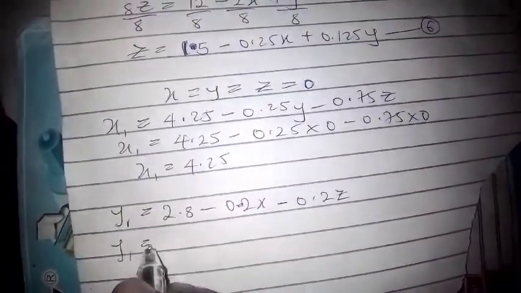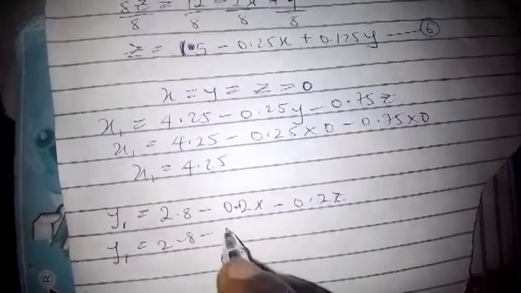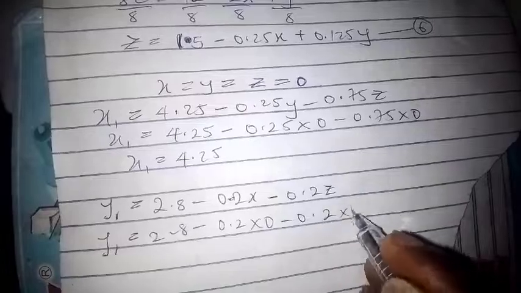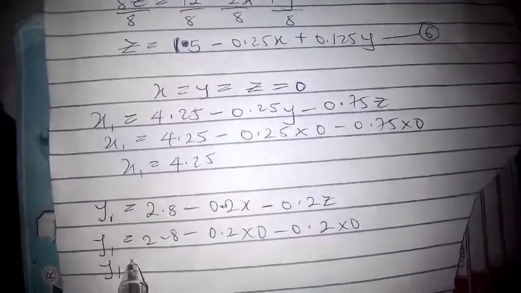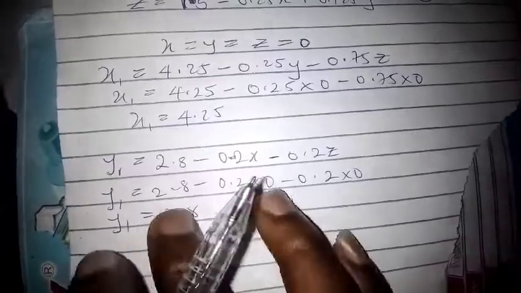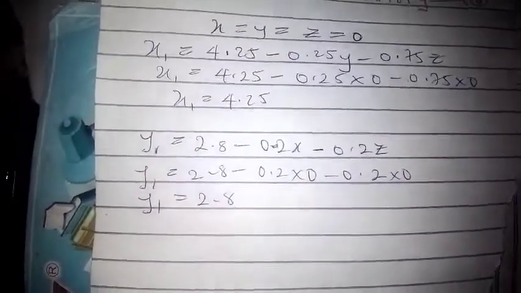So let's get y1. y1 is equal to 2.8 minus 0.2x minus 0.2z. Now let's substitute the initial values: 2.8 minus 0.2 times 0 minus 0.2 times 0. Now y1 will be equal to 2.8. Now let's get the value of z1.